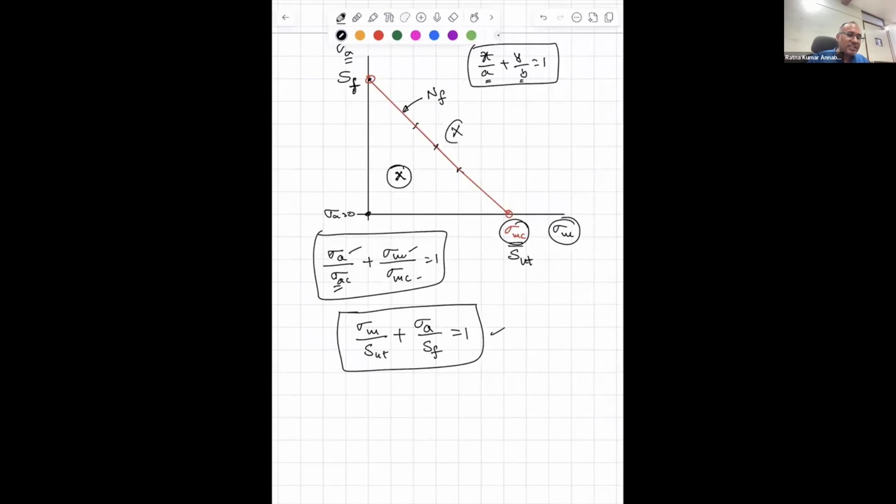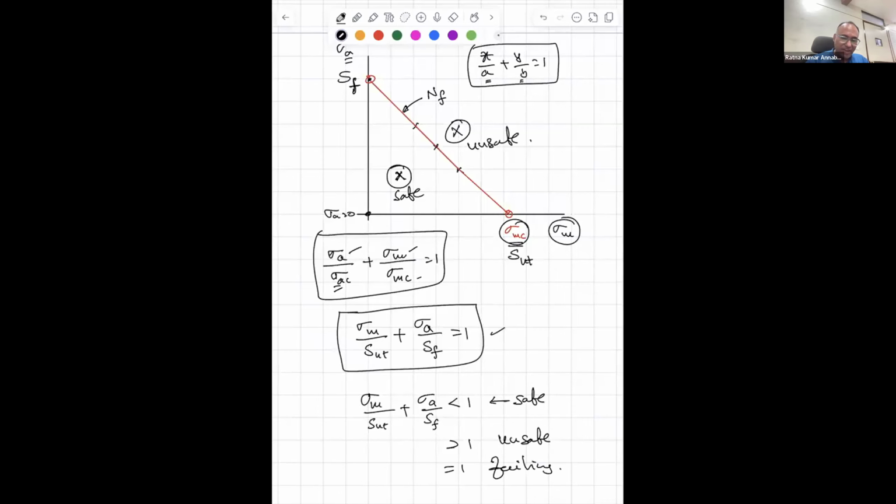If it is outside that, then it is unsafe. This is safe, this is unsafe. So I can write, if sigma m by SUT plus sigma a by SF is less than 1, then it is safe. Greater than 1, this is unsafe. Equal to 1, failing.